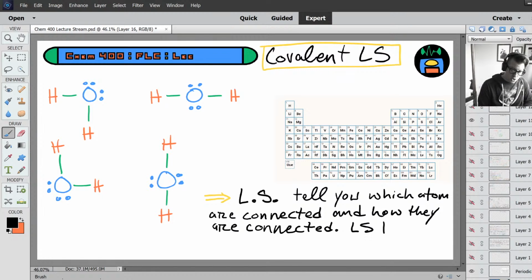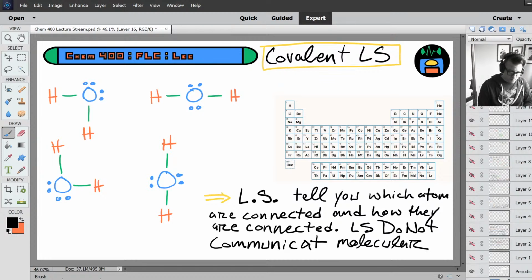Lewis structures do not communicate molecular shape. All right, they do not communicate molecular shape.